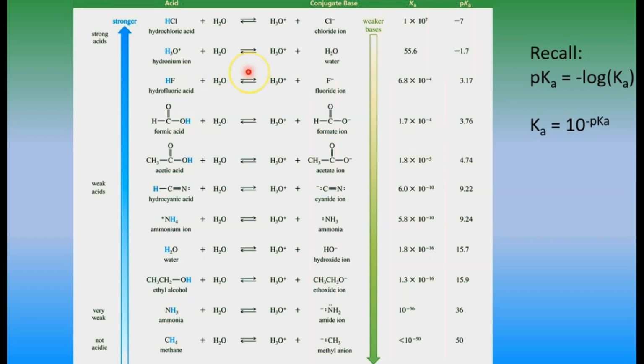I see hydronium and water, and I see hydronium and water. Seems crazy, but anyway, there it is. HF, hydrofluoric acid, fluoride ion. Notice HCl is a stronger acid than HF.